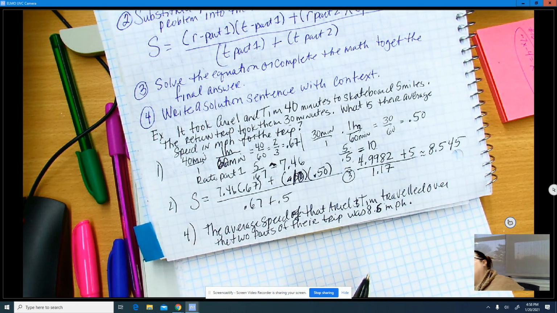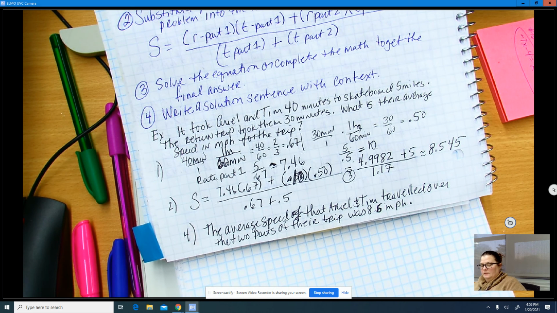Because no one says they traveled 8.55 miles per hour. But 8.5 miles per hour, 8.6 miles per hour, someone would say that. So that's just one object traveling over different sections at different speeds, and we're trying to find that average speed.